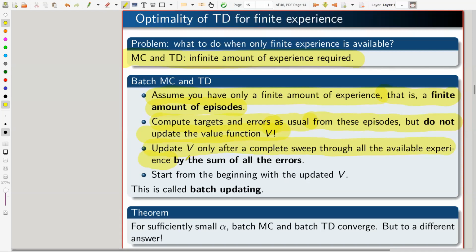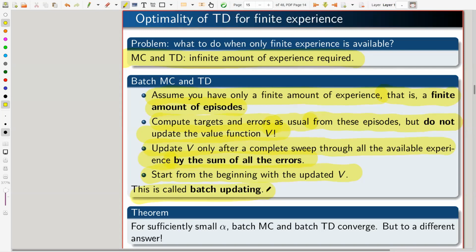At the end, when you have seen all the experience, use the sum of all the errors. Update in batch, just in one step. Don't worry about the precise formula we are using; just get the point that you have a finite amount of experience and we want to use it. And then iterate. This is called batch updating.